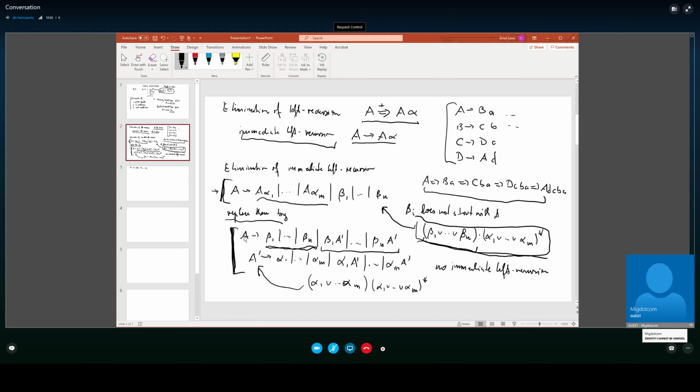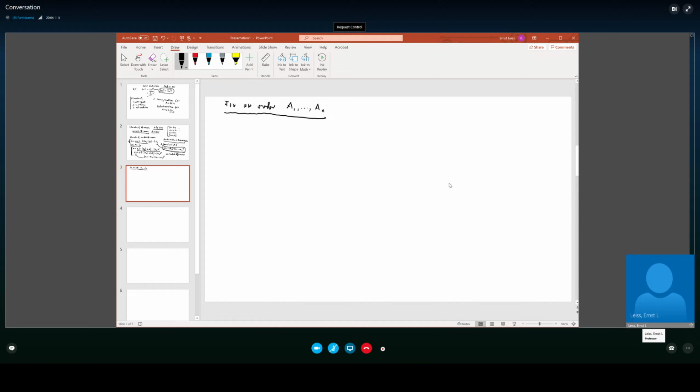All right, so now we have to get rid of general left recursion. Well, what we do is we fix an order, and interestingly enough, any order will work. You just have to fix an order among the variables of your grammar. So these are now the variables of your grammar, and now that order is fixed, and you have to stick to it.